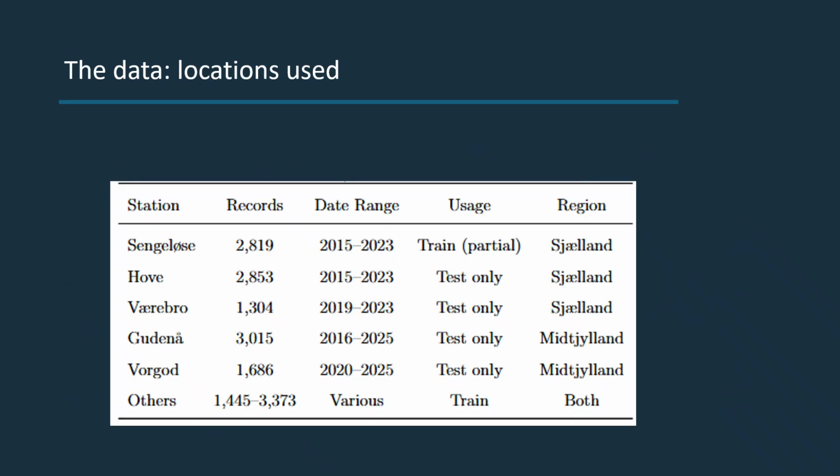Among the locations we have used in this study are water level logging stations from Hjulpet and Sjælland. The sizes of the streams in these locations vary. And you can also see that the dates range from 2015 all the way up to 2025.